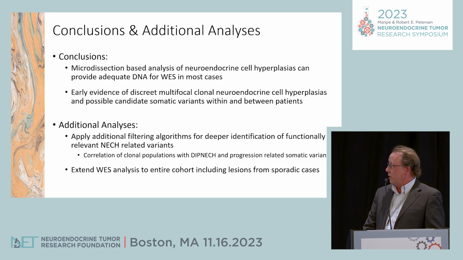I think the additional analyses are going to be very important, and applying the appropriate filtering algorithms is going to be important for us to find the potential driver mutations in these lesions. And of course, this is only about a third of our cohort, and so we hope to see more data in future analyses.